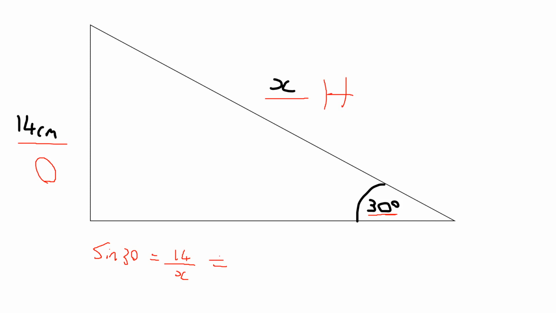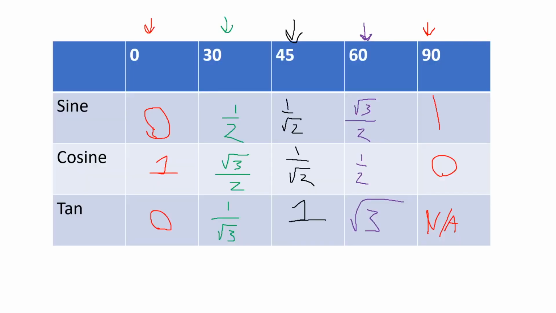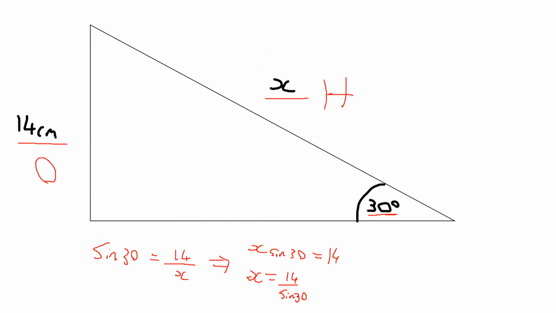And so therefore if we make x the subject, we times x on each side. So we're left with x sine 30 is equal to 14. And so therefore x is equal to 14 over sine 30. But if you remember, sine 30 is equal to a half, right?